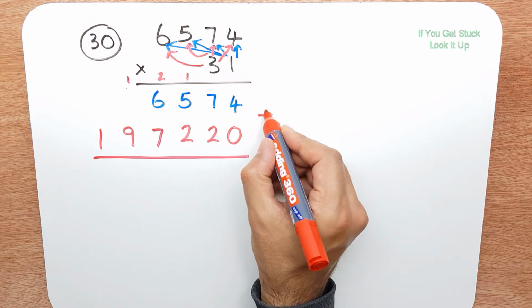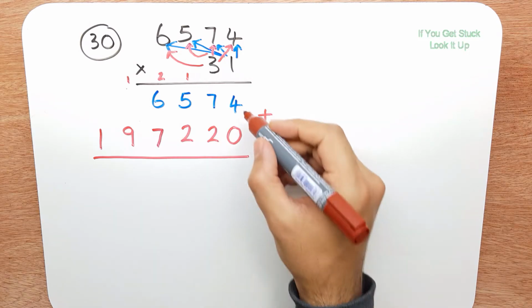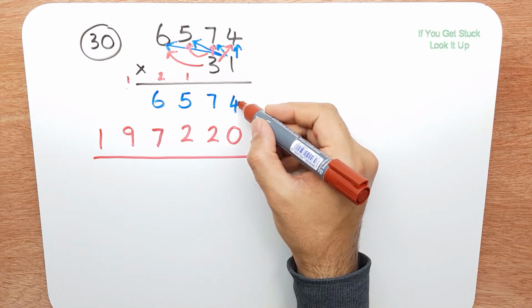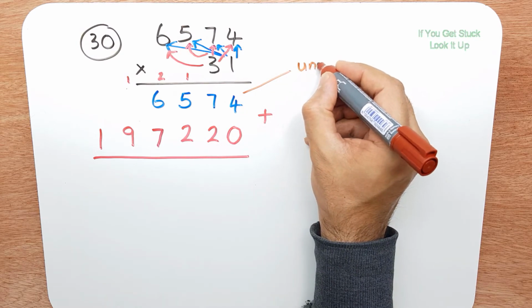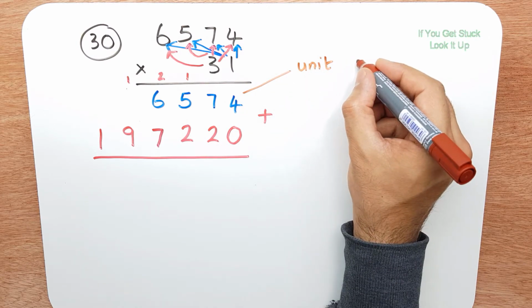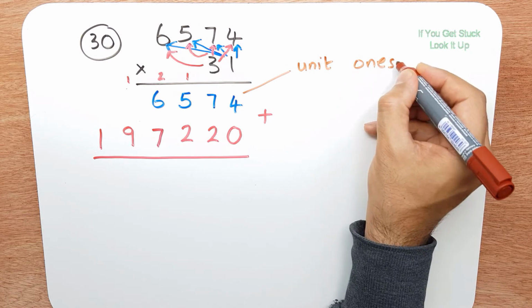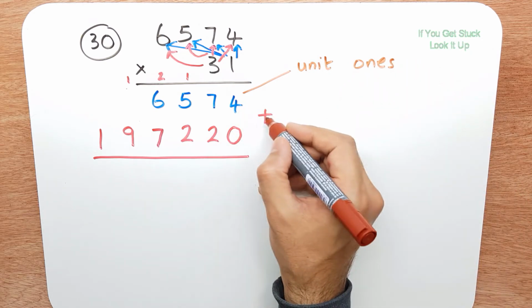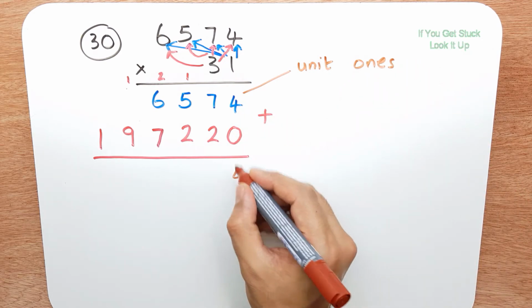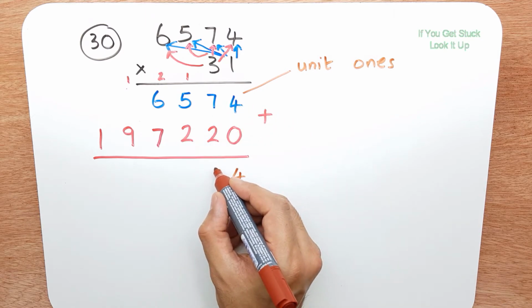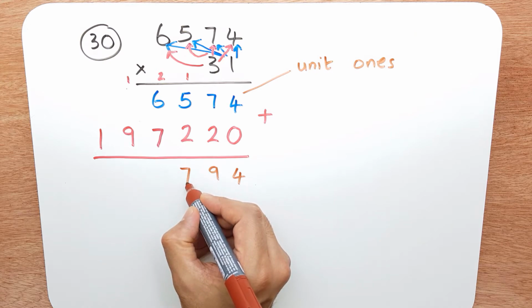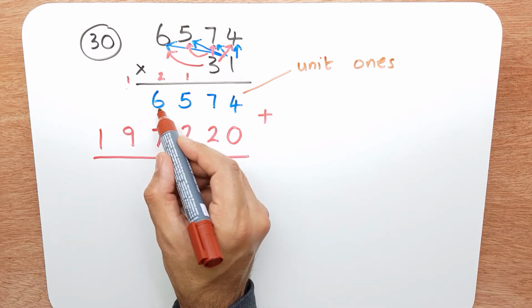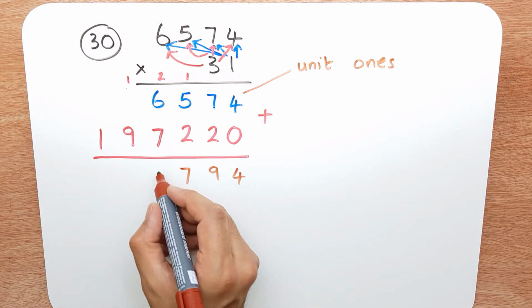We just need to add the 2 numbers. Always start at the right hand side with the smallest column. This here is what we used to call the units column, and the children now call it the ones column. So 4 add 0, 4, 7 add 2, 9, 5 add 2, 7, 6 add 7 is 13.